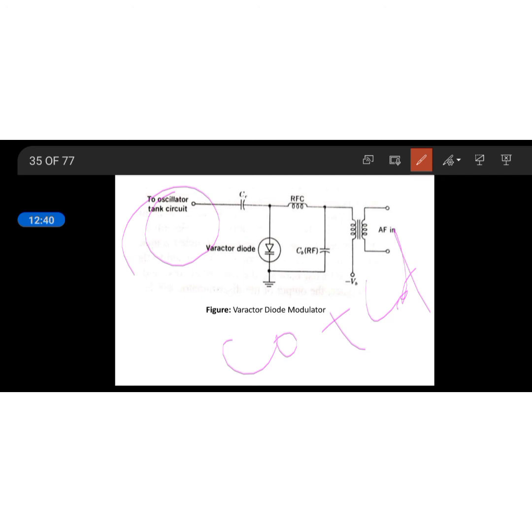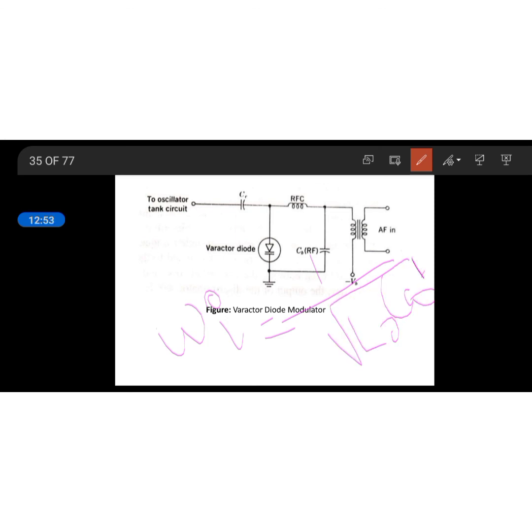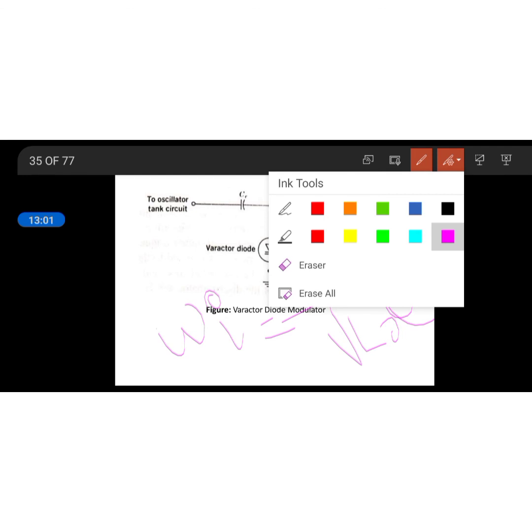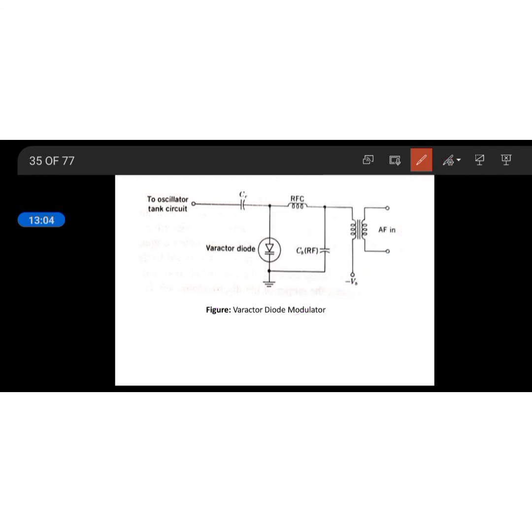The instantaneous frequency omega i is equal to 1 by root of L0 into C0 plus CD, with both the initial capacitance and the varactor diode capacitance.